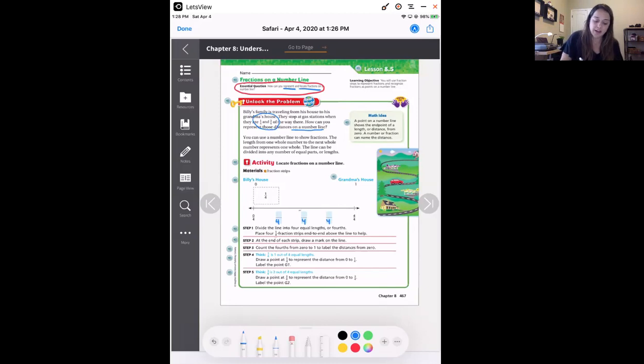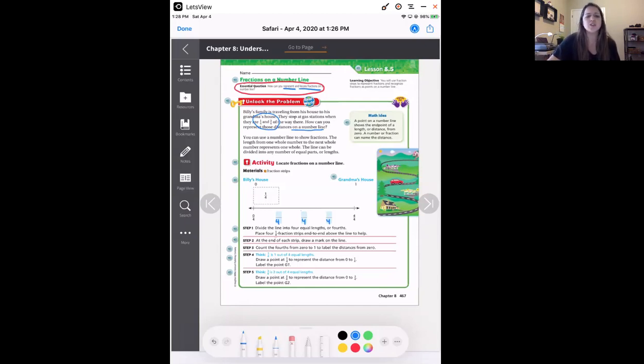The whole number line is 0 to 1, but it's broken up into 4 different parts. Okay, so that's how we know the denominator always tells us the number of equal parts.